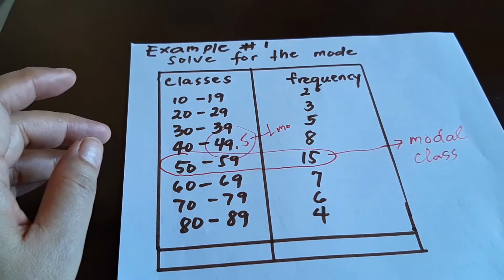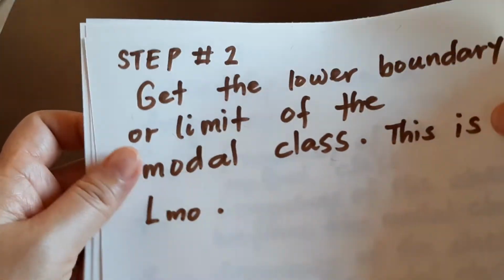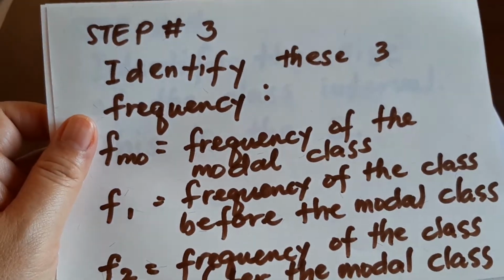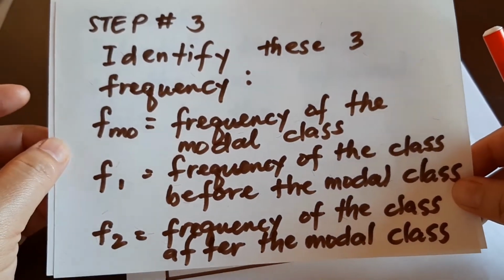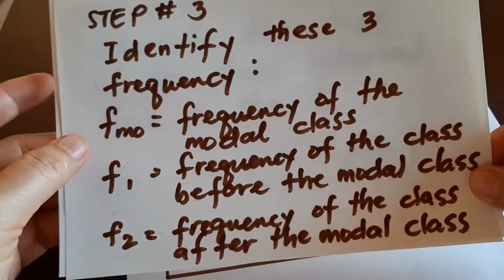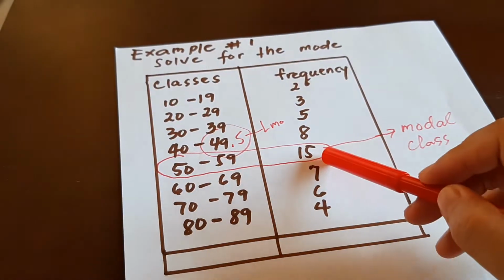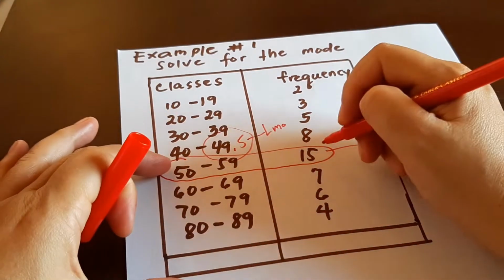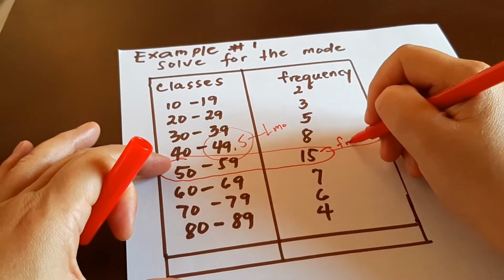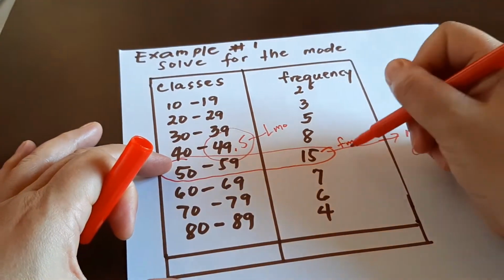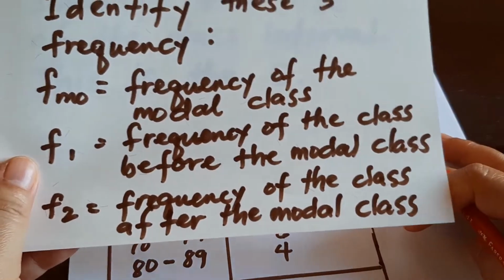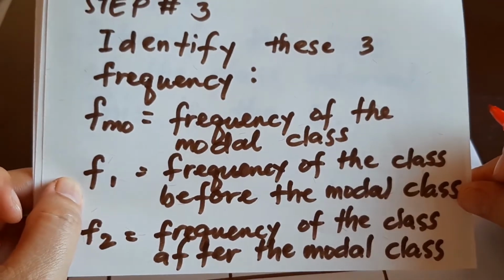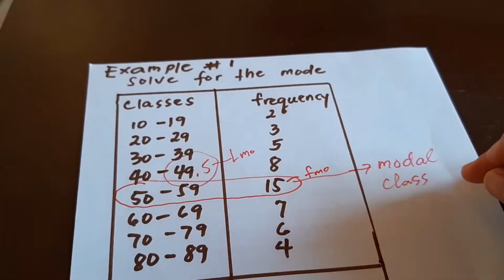After getting your lower limit or lower boundary, moving on to step number 3, identify these three frequencies. Frequency of the modal class. So let's begin with FMO. So 15, this is your F sub MO, the frequency of the modal class. And then frequency F sub 1 is the frequency of the class before the modal class.